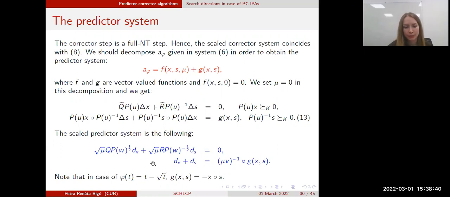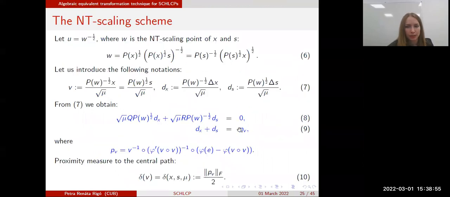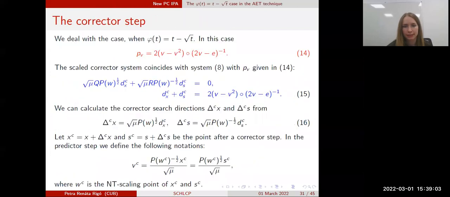In our case, when we deal with t minus square root of t, the corresponding g(x, s) will be this minus x circle s. The corrector step would correspond to system 8, just with the corresponding right-hand side. So if phi is t minus square root of t, then we obtain this corrector system.